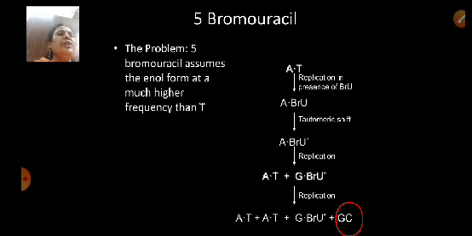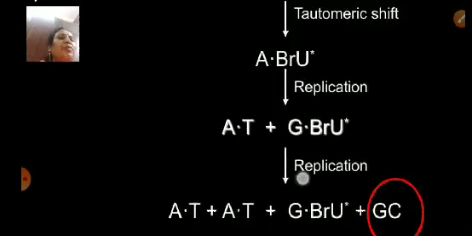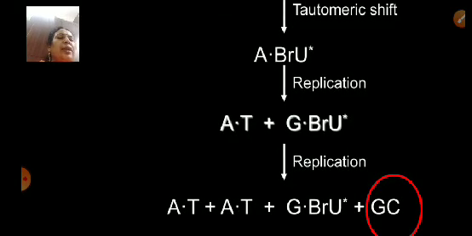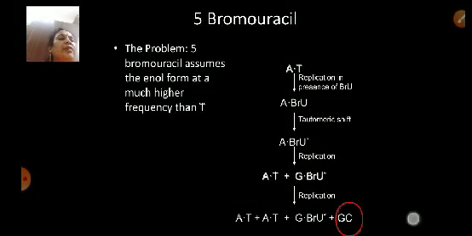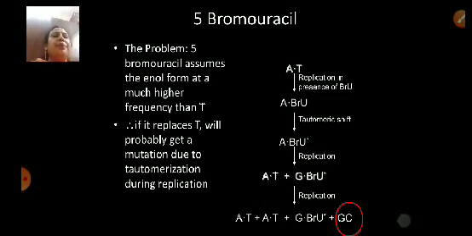Adenine pairs with thymine, so during replication, instead of thymine, 5-bromouracil is added. Adenine pairs with 5-bromouracil, but 5-bromouracil may undergo tautomerism and change to the rare enol form, and then it pairs with guanine. So there is an AT to GC transition. In the subsequent generation, AT pairing will be changed to GC pairing.